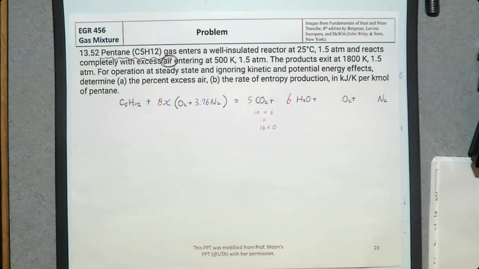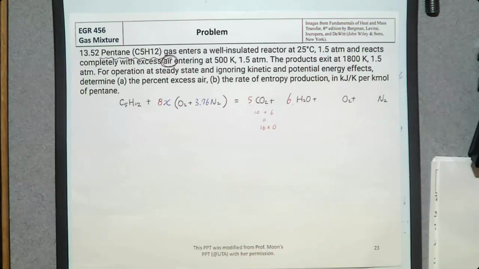in the product? So to have 5 moles of carbon dioxide and 6 moles of water, we need 16. That means 8 moles of oxygen.